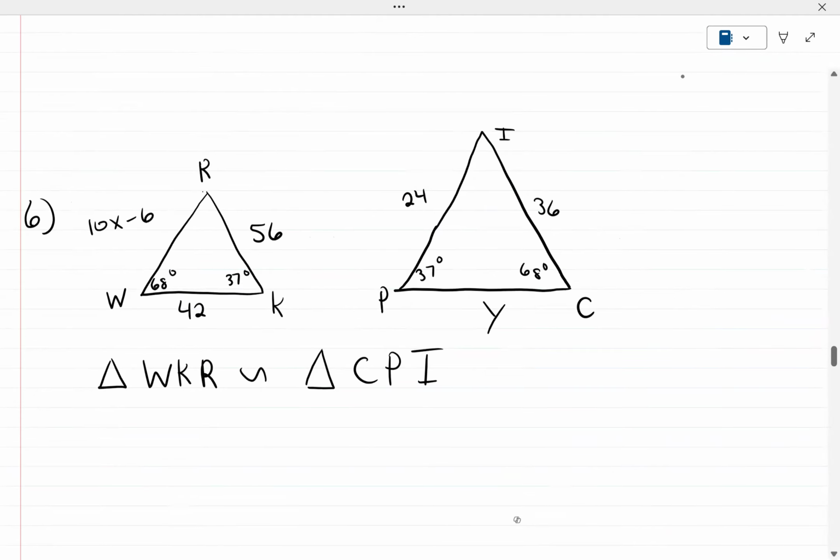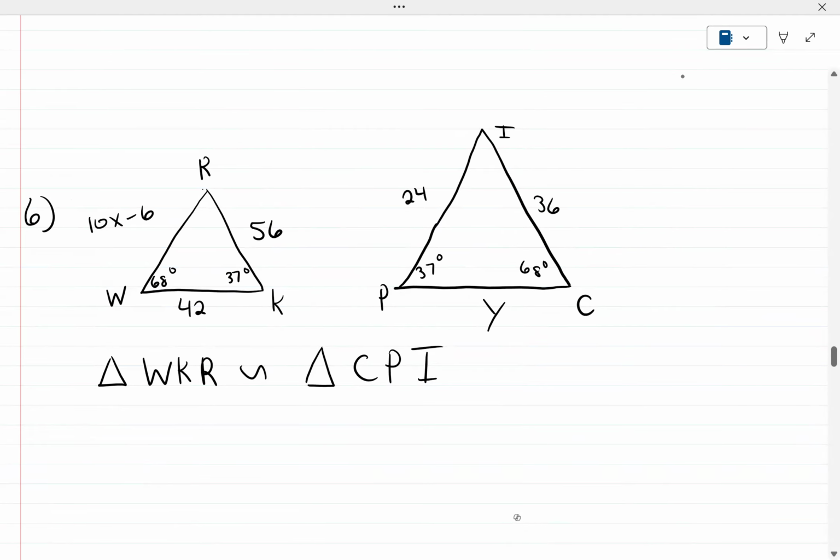Okay, let's go to example 6. It says that triangle WKR is similar to triangle CPI.